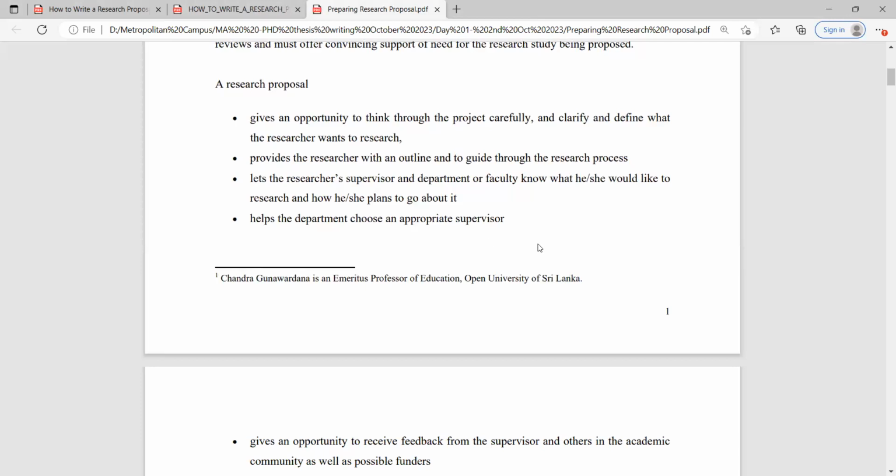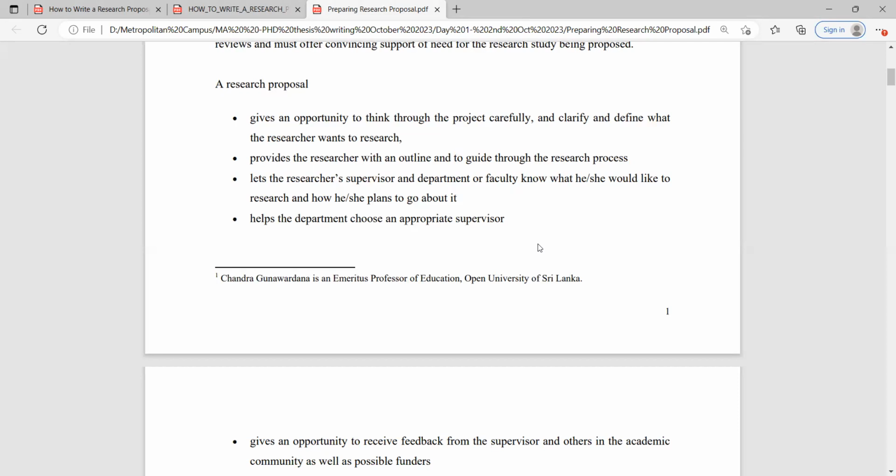It provides the researcher with an outline to guide through the research process. It lets the researcher, supervisor, and the department or faculty know what he or she would like to research and plans to go about it. It helps the department choose an appropriate supervisor.